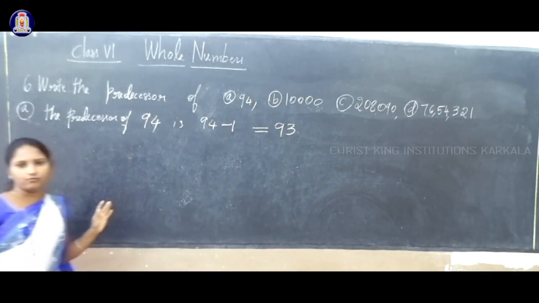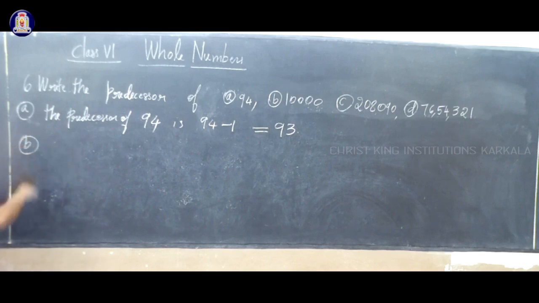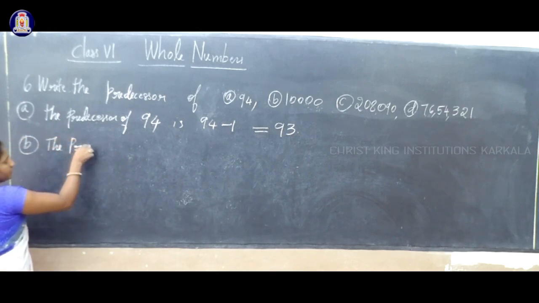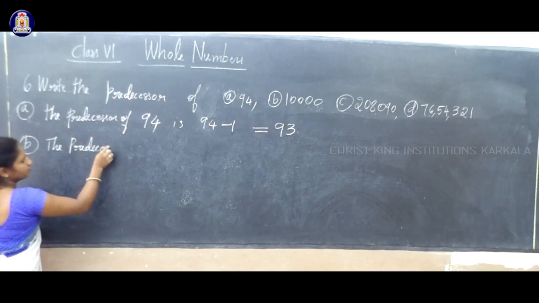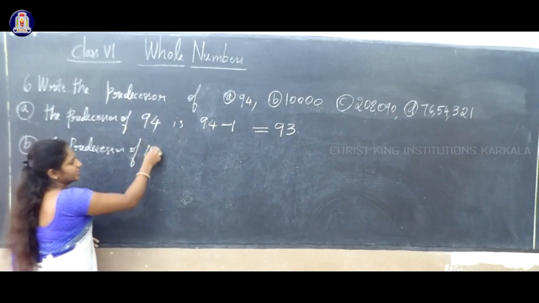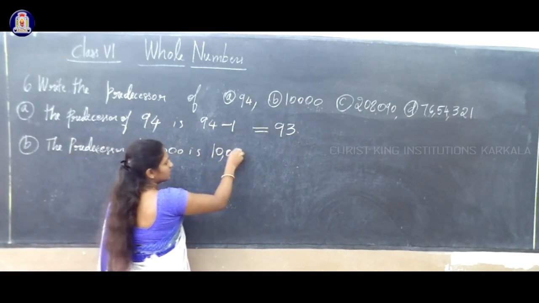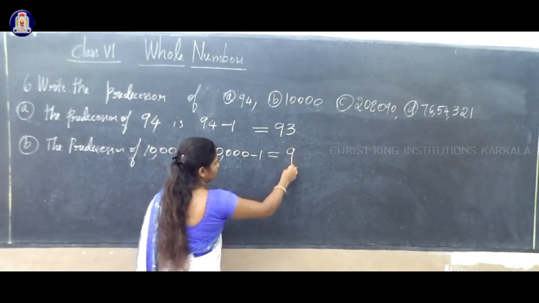Clear? The second one. What is the second one now? 10,000. Write the predecessor of 10,000, which is 10,000 minus 1. So what is the answer?